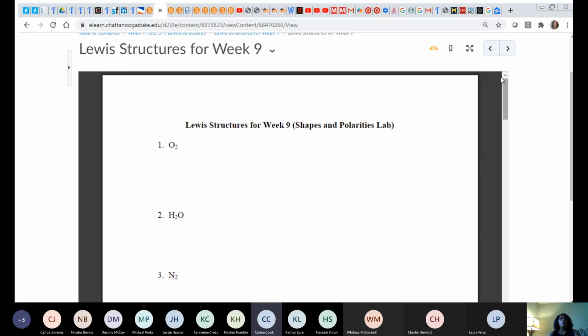Or once we meet back in the general room and you ask any questions you have about this week's lab, if you want to leave the meeting and work on these Lewis structures on your own time, since you've got about 2 weeks to get them finished anyway, you have that option as well.